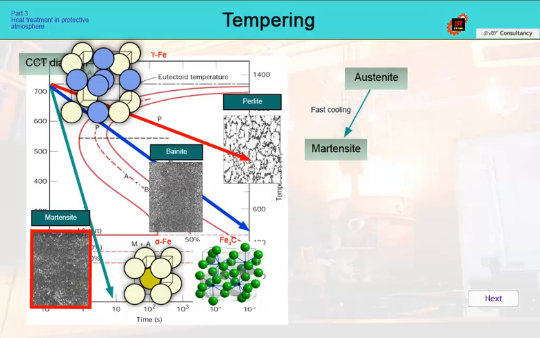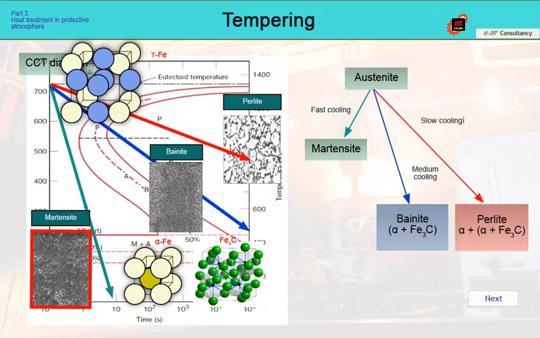In the event that we cool more slowly, a structure called bainite is formed, and in the case that the cooling is even slower, we get into the area of pearlite. Since carbon can only move in steel by diffusion processes, the transformation of martensite into other structural components at low room temperatures would be very slow.